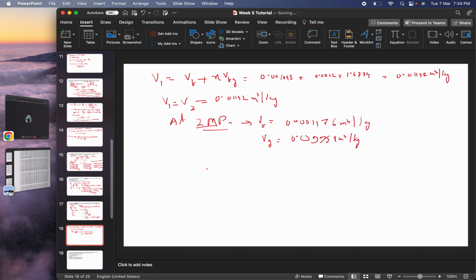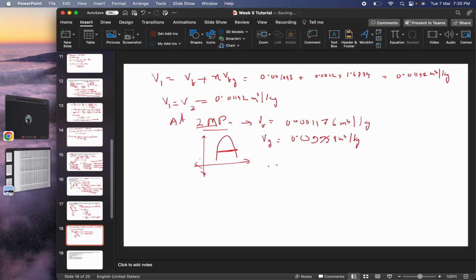Now see, at this second state, whatever volume I get, it is less than this Vg value. So that means it is again in this state, in between Vf and Vg.